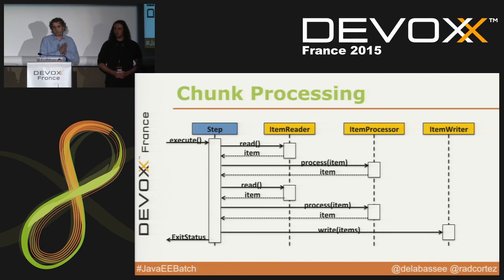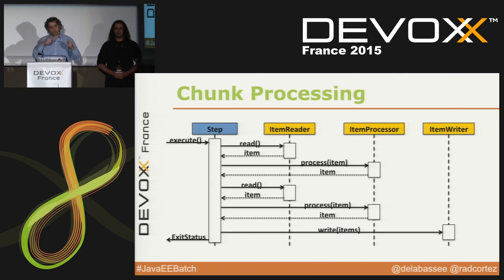So the checkpoint basically allows you to do the following. Because writing the result is an expensive operation, you don't want to do that all the time. So how it works, for a chunk step, you define a checkpoint. It's basically an interval. In this case, I have a checkpoint of 2. So my chunk step reads something, does the processing on that data, reads something else, does the processing.